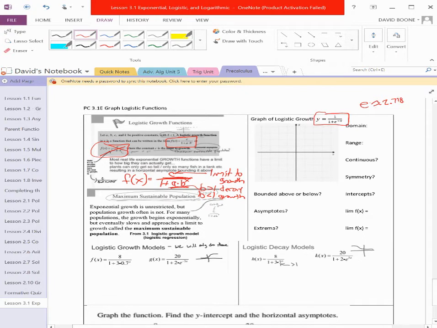So the e value is bigger than 1, but now we have that negative in there too, so e to the negative x is really like 1 over 2.718 to the x power.